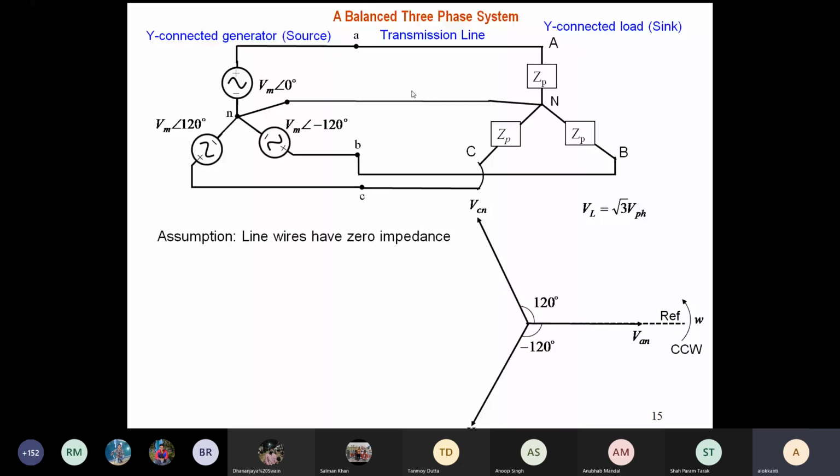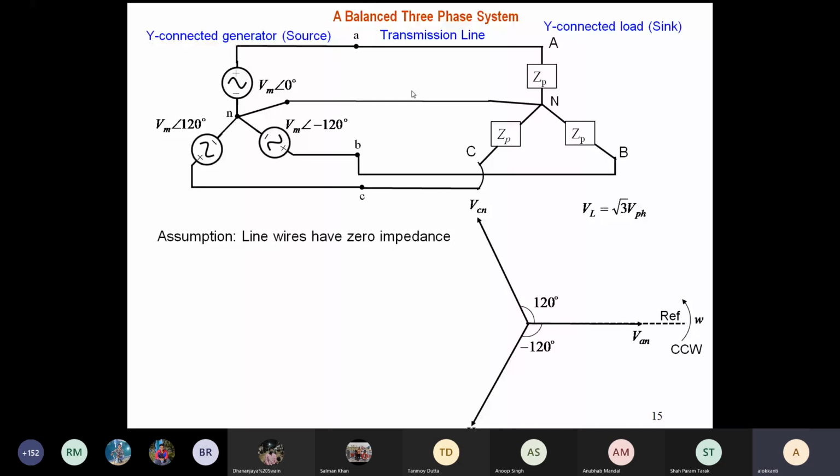All of you will be coming to Kharagpur, in different departments, and sometimes you will be taken for industrial visits organized by your department societies. If you go to any industry, whether a power plant or a steel plant, you will see these generators present, and you can actually see the phase currents also. They are displayed in the control room, and always there is some unbalance there. But they try to balance it by other mechanisms.